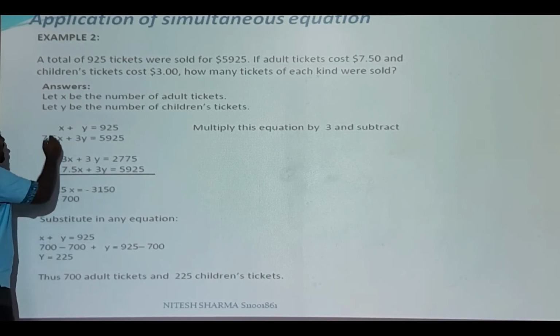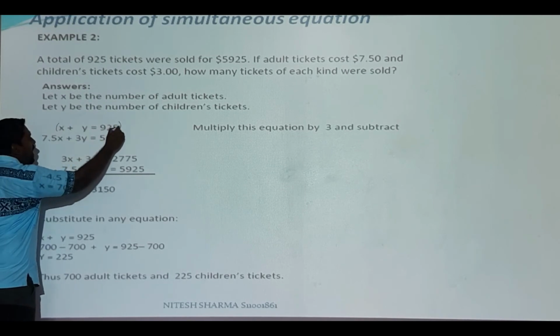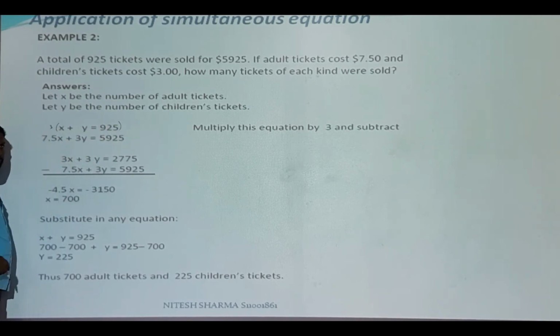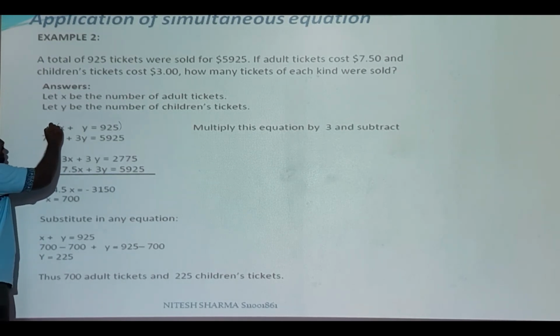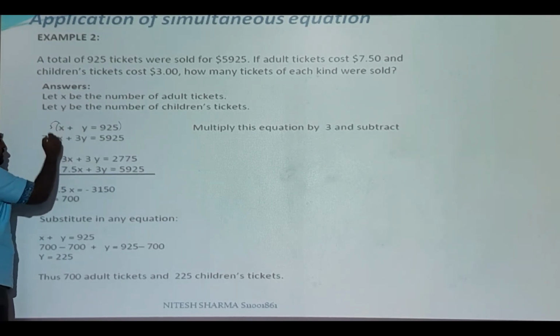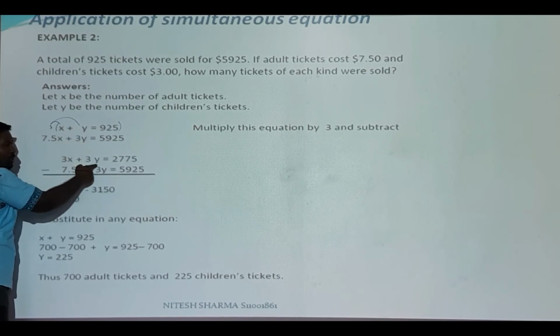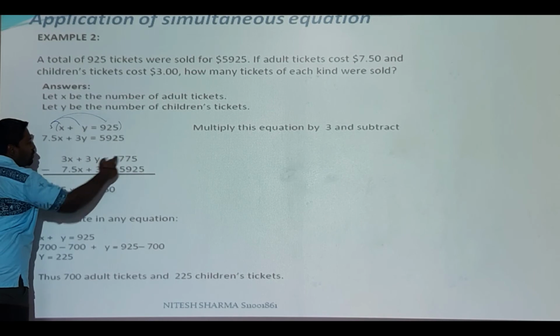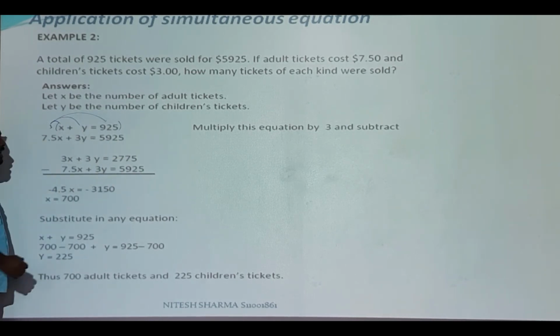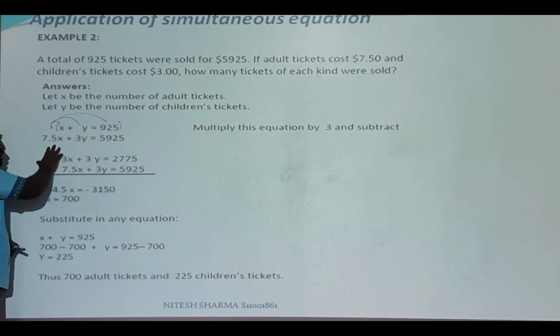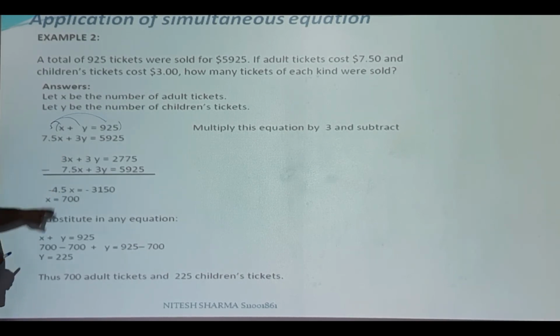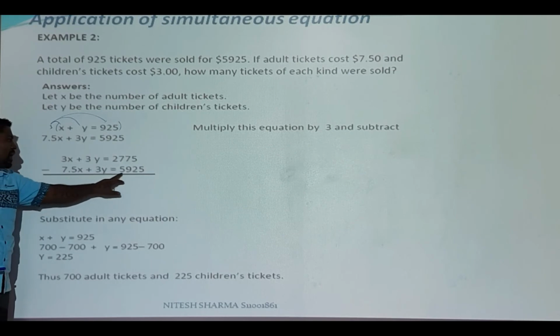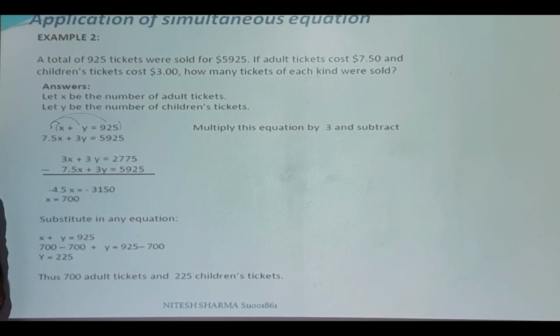So let's multiply the first equation by 3. 3 times x is 3x, 3 times y is 3y, and 3 times 925 gives you 2775. That's my first equation. The second equation, leave as it is: 7.5x plus 3y equals 5925.